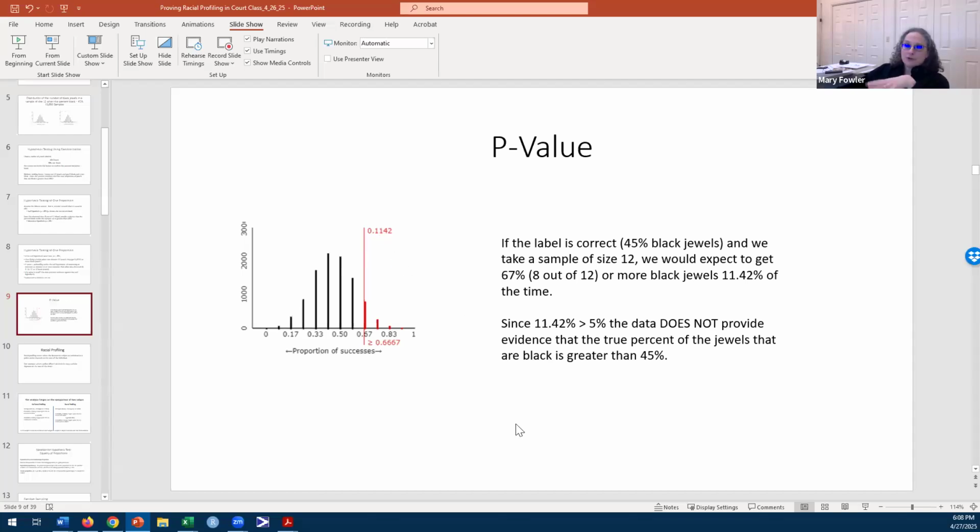Now, 11.42% is not all that rare of an event. It's not that small of a p-value. And so, in fact, choosing 8 out of 12 black from the basket does not provide us evidence against the label, the 45%.